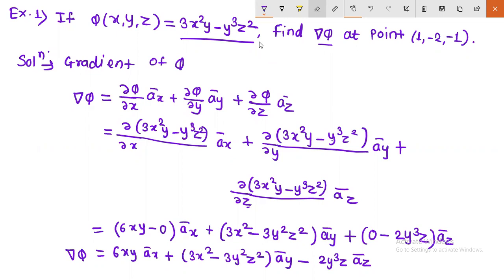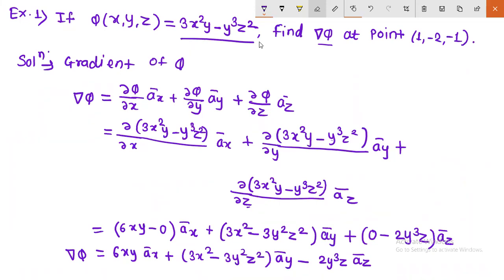What did we do here? What is given? phi of x, y, z is equal to 3x square y minus y cube z square. This equation is a scalar quantity because there is no unit vector. When we represent any vector, we use unit vectors to give direction.